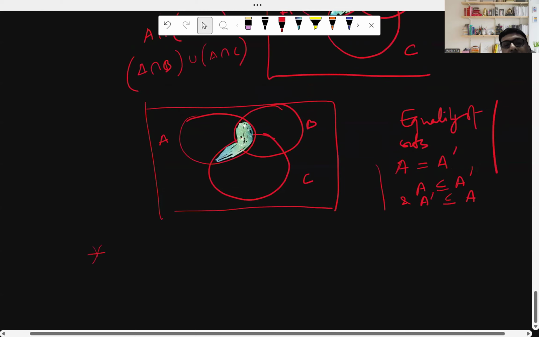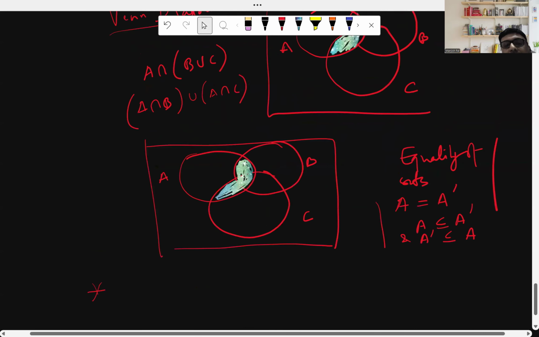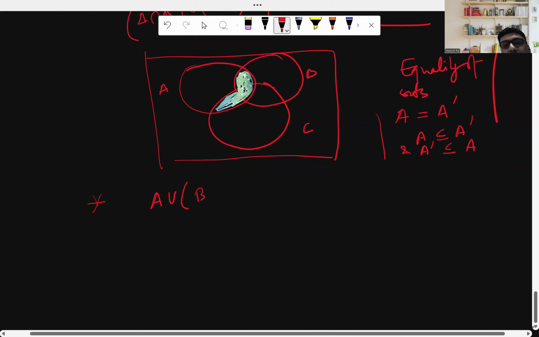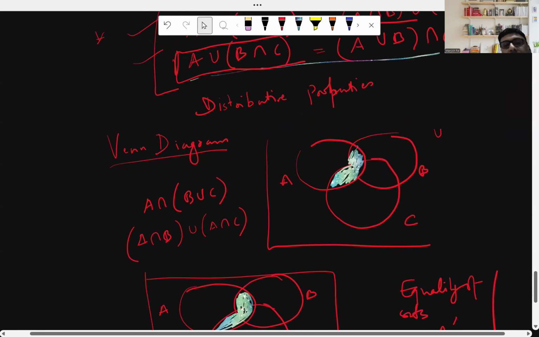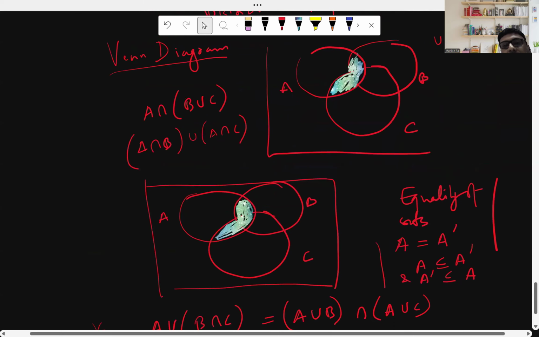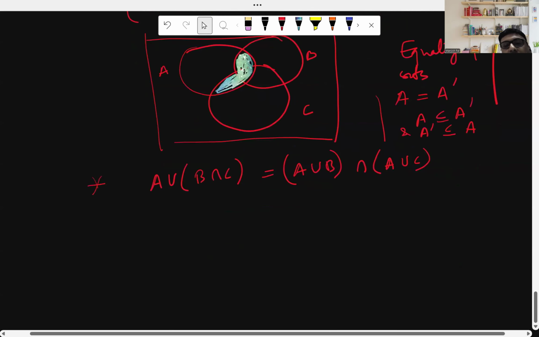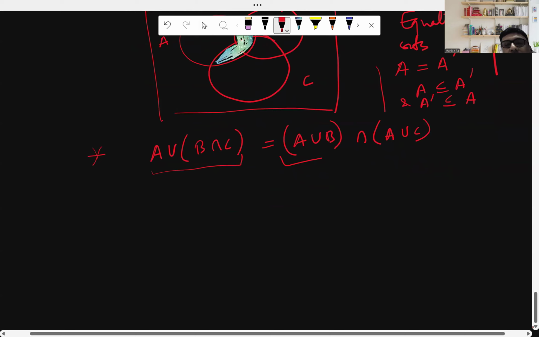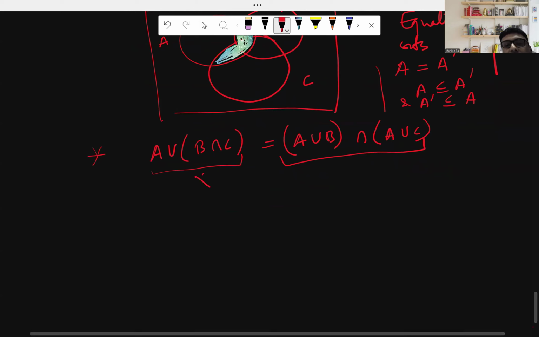The identity is A union B intersection C is the same as A union B intersection A union C. If I want to prove that both these sets are equal, I will call this X1 and this X2.